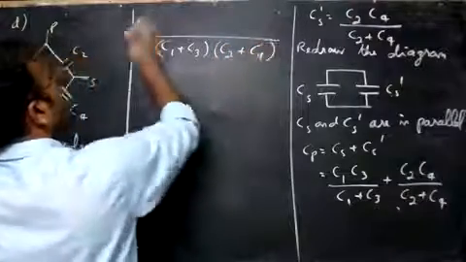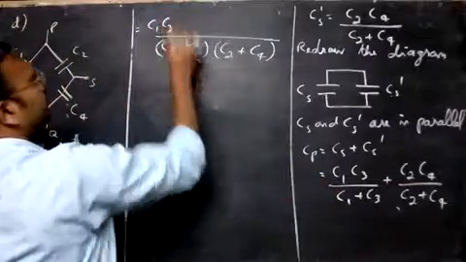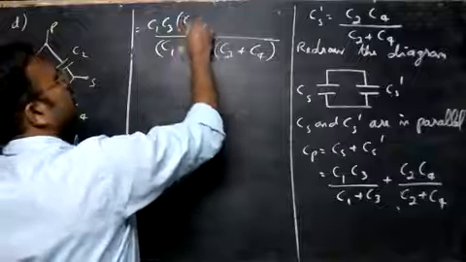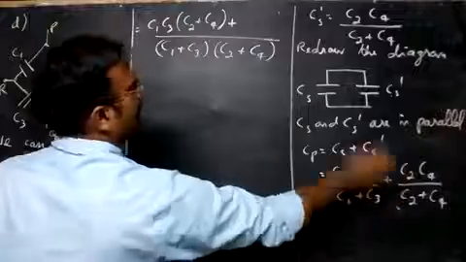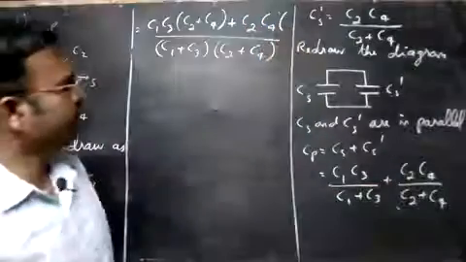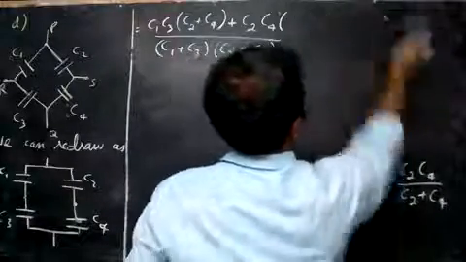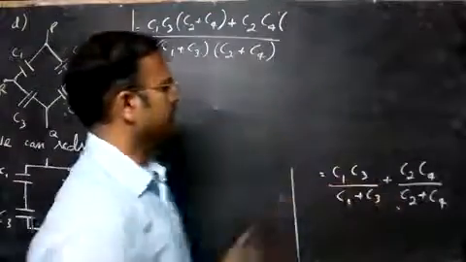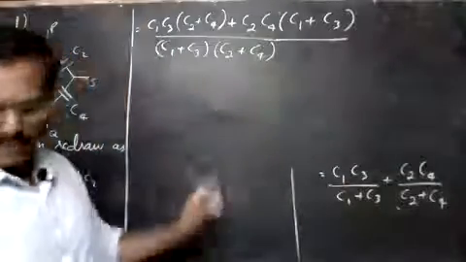And then on top, see, this is C1 C3, cross multiply this into C2 plus C4, plus C2 C4 into C1 plus C3. It's very, very simple only.